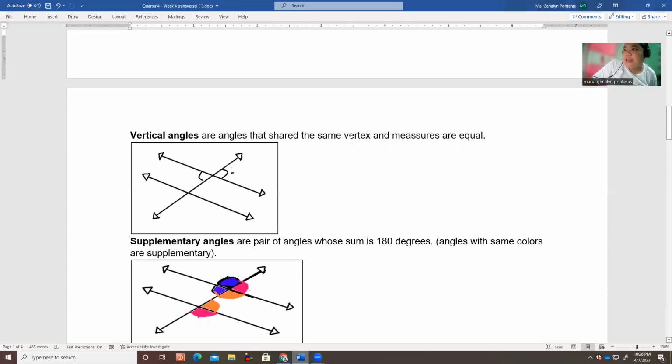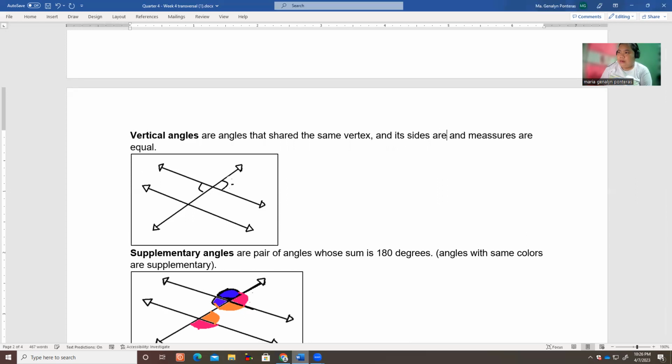So not only do they share the same vertex, the sides are opposite each other, each ray, and their measures are equal.